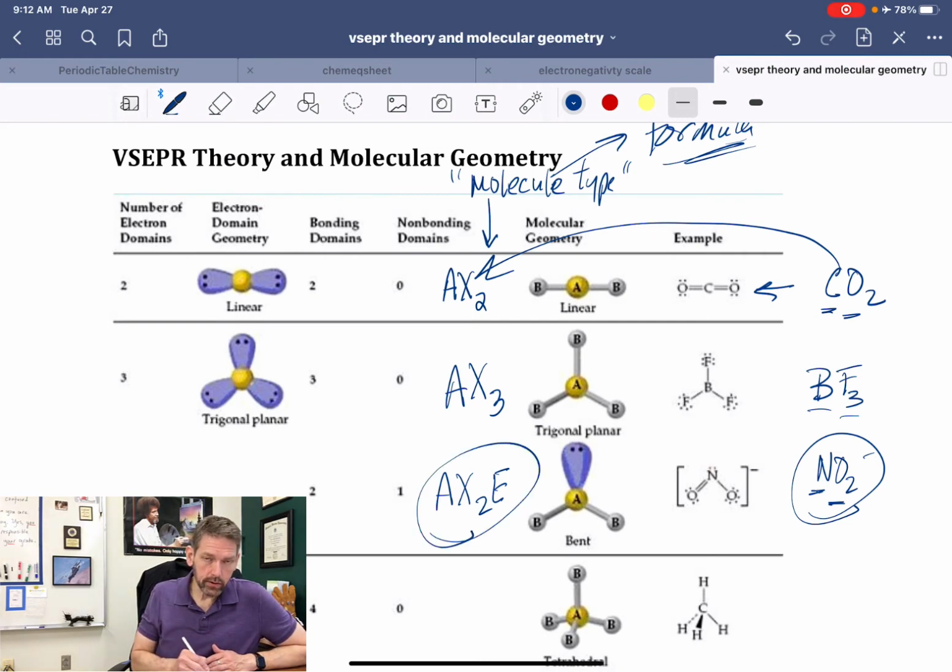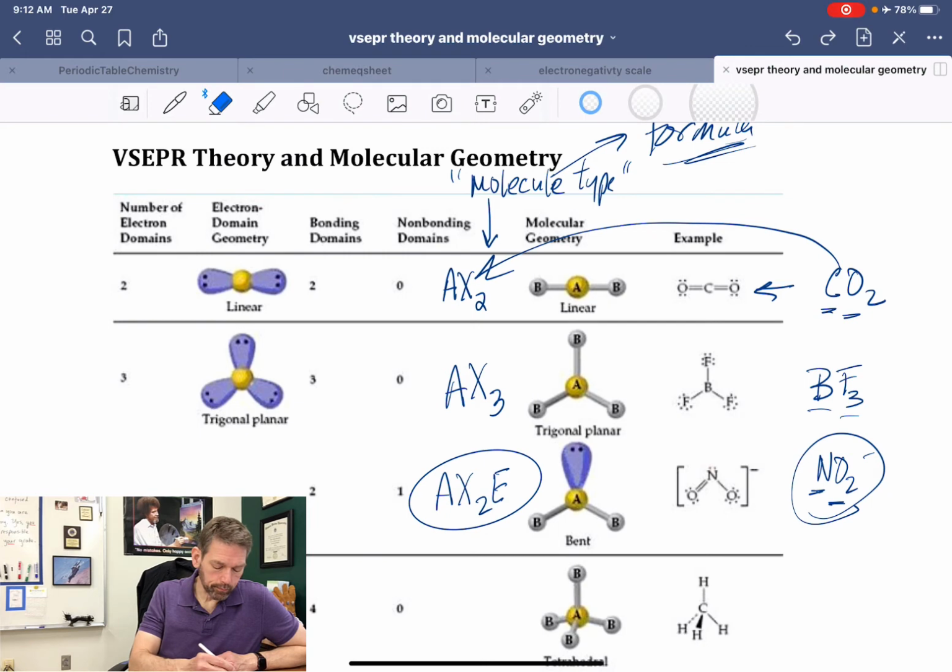We use this to help us understand the shape, because you can see here that as soon as there was a lone pair, the basic shape of it is still the same. However, because there are only 2 atoms, we go by a different name, and we'll talk about that in just a second.